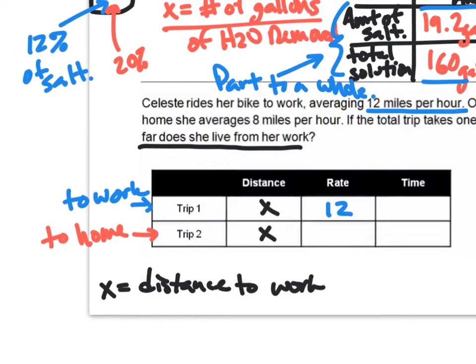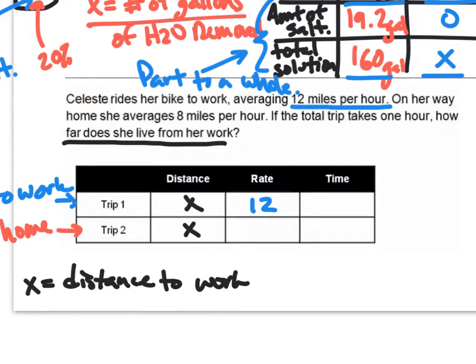Now, when she went home, how fast was she traveling? 8 miles per hour. That's this value here. Now, it says the total trip takes 1 hour. We don't know how long it takes to go to and from. It doesn't tell us that.